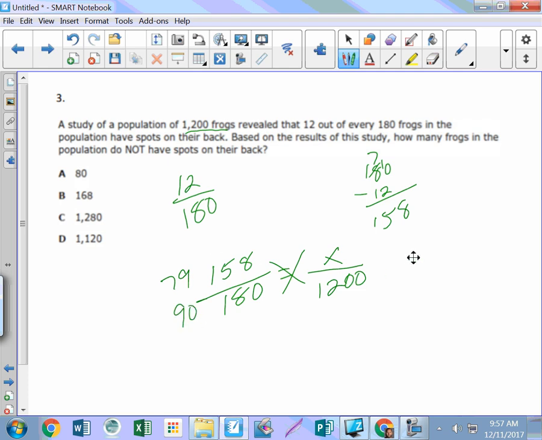So now cross multiply: 1,200 times 79. Add that up: 94,800.